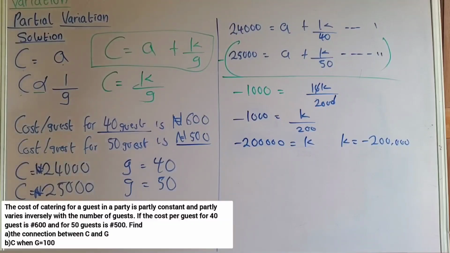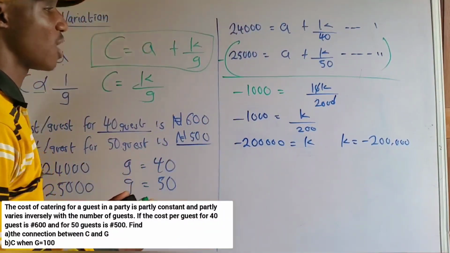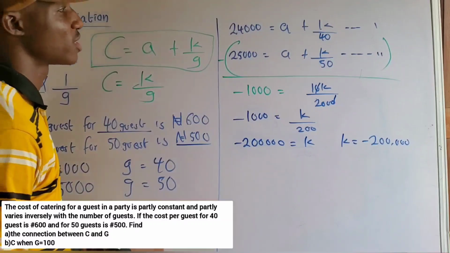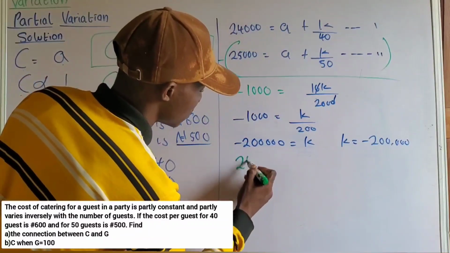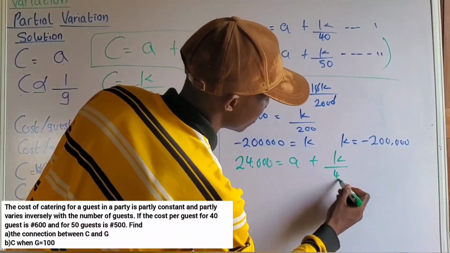Now, having gotten the value of k as negative 200,000, you can proceed to get the value of a by substituting the value of k into any of these equations. Okay, let us use equation 1. Equation 1 is 24,000 equals a plus k over 40. Do you understand?